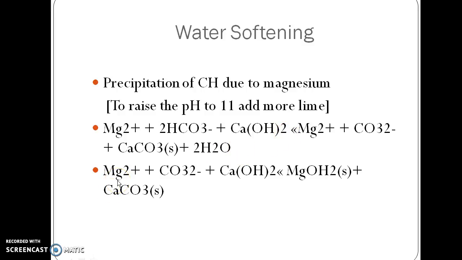Second, magnesium and carbonates plus lime form magnesium hydroxide, which is solid, and calcium carbonate, which is also solid. That is insoluble. That means the calcium and magnesium due to the carbonate hardness are converted into hydroxide and calcium carbonate.